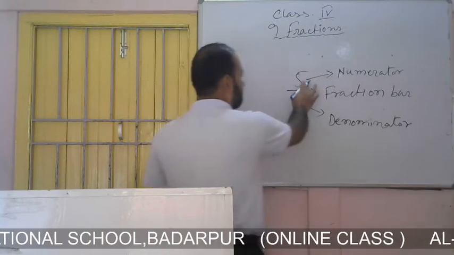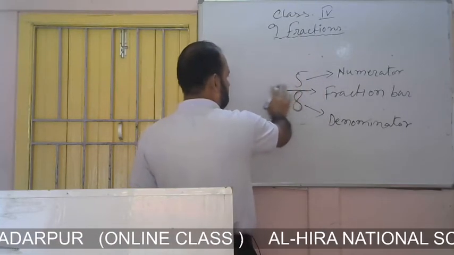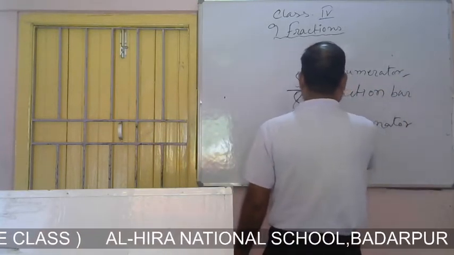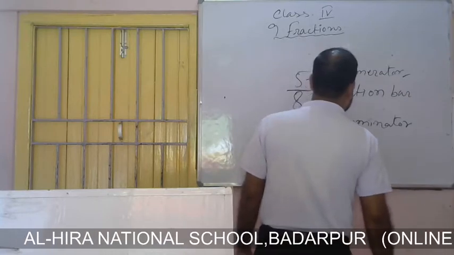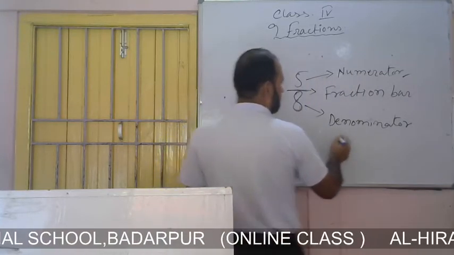So, on the top it is the numerator, the middle line is called the fraction bar or division bar, and at the bottom is the denominator.